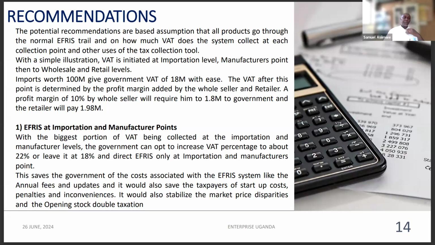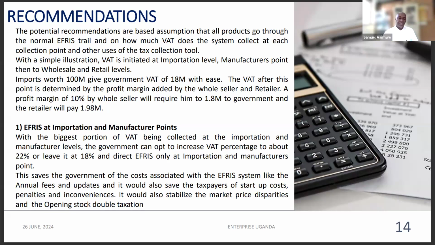When you import goods worth 100 million, at the importation level, you pay 18 million with ease. But the VAT after this, when the goods are being distributed into the chain, is determined by the profit margin that you add on the product.